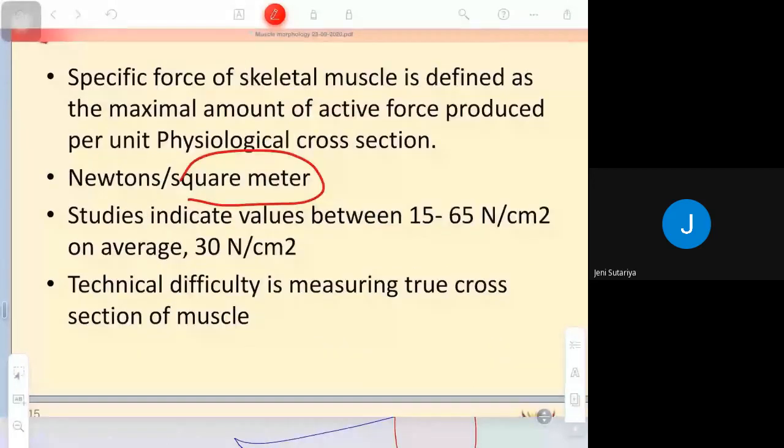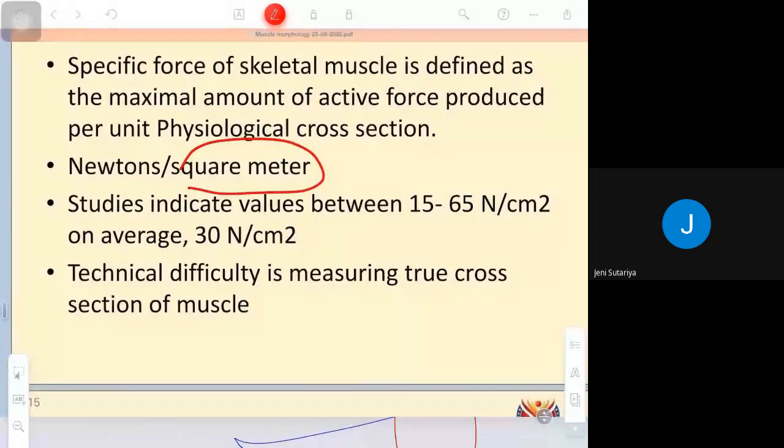Studies indicate values between 15 to 65 Newton per square centimeter. Clear? On average, 30 Newton per square centimeter force is transmitted. I will explain, don't worry.